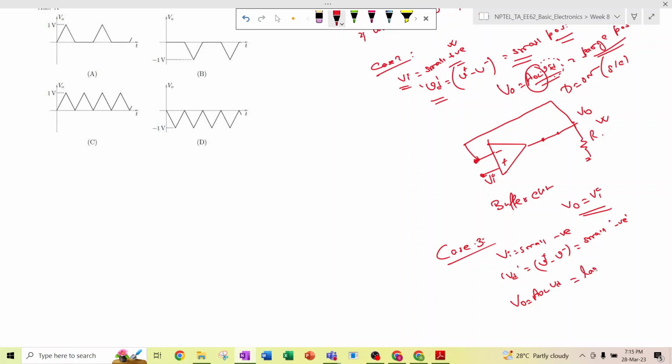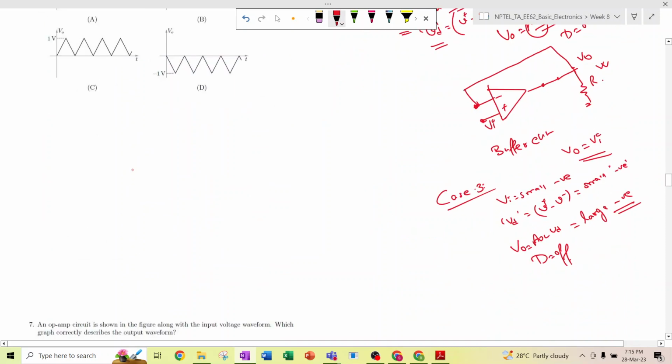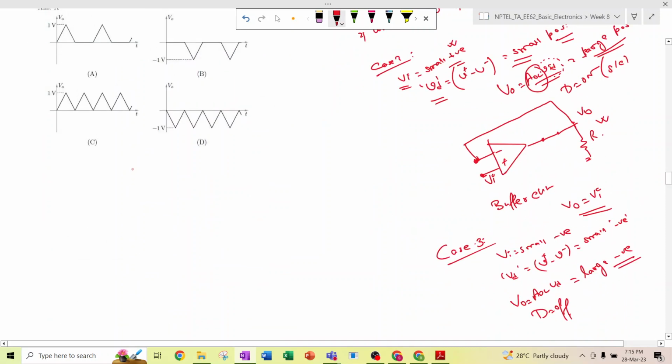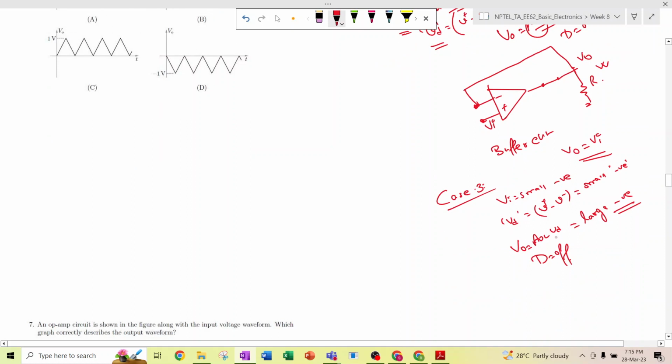So it will be largely amplified and it will have a large negative voltage across the diode. And now the diode actually turns off because there is a large negative voltage here at Vx. So it is a negative bias.